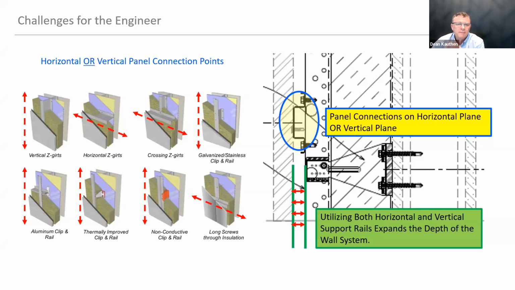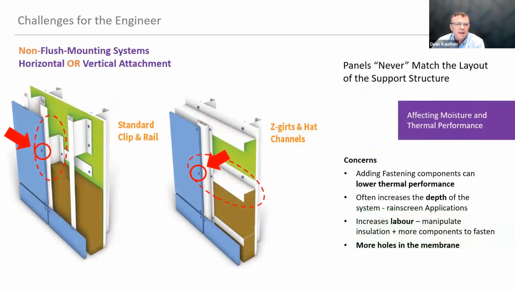Without having something actually specified or designed with the help of a manufacturer, you're going to get a variety of outcomes at bid day. And you can see that in this example here, that by changing the materials, different types of exterior cladding are going to require different types of cladding support.